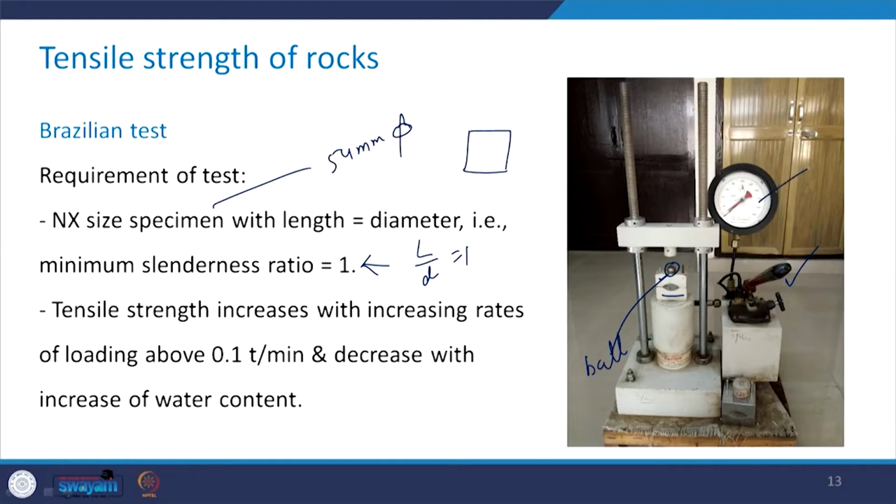This is the dial gauge where you can see at what load the specimen failed.